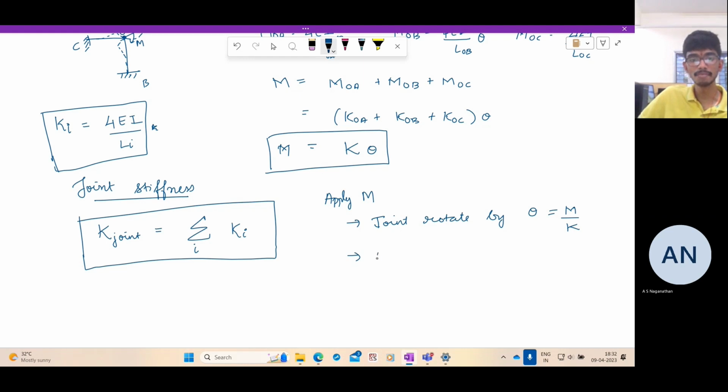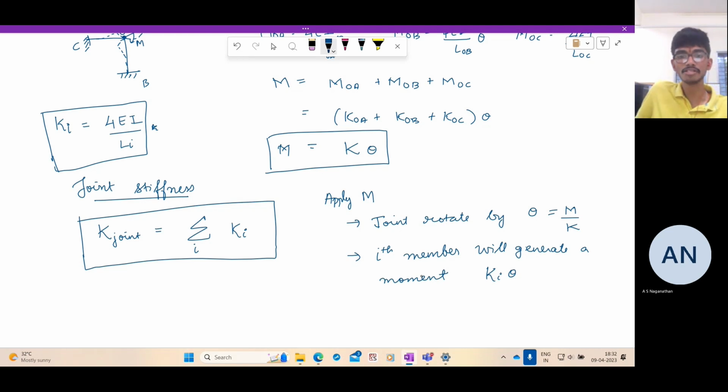Each of the members, the ith member, will generate a moment Ki theta, because it should be theta i, but all the theta i's are equal to theta because of compatibility. So the moment in the ith member is Ki theta, which is Ki by K times M. So if we apply M, each beam takes a moment equal to Ki by K times M.